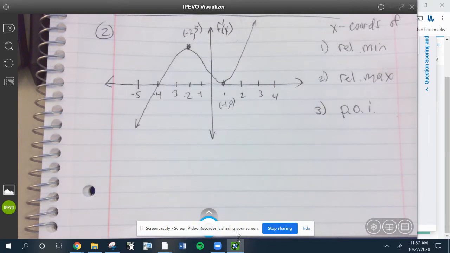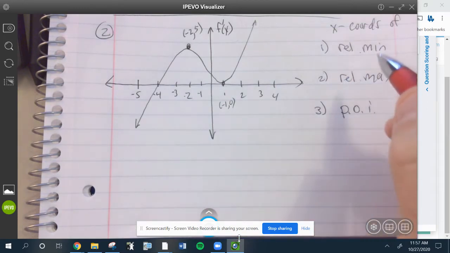Now that I know I'm looking at that first derivative, instead of answering the questions right away, I'm going to justify the answers. It will be so much easier.